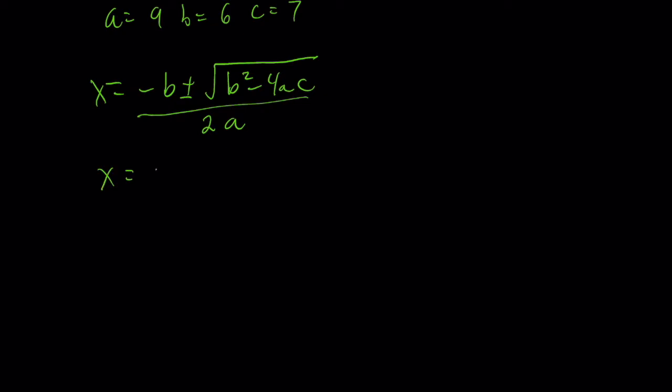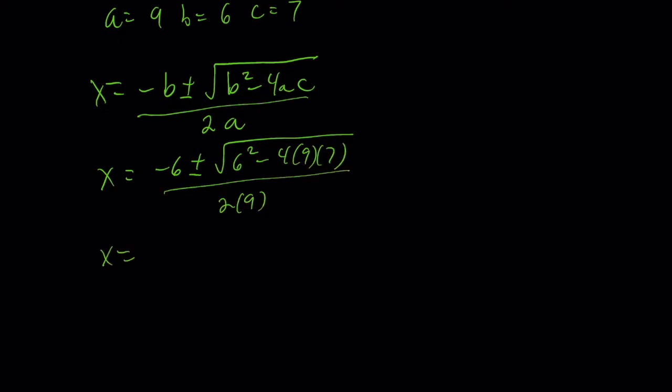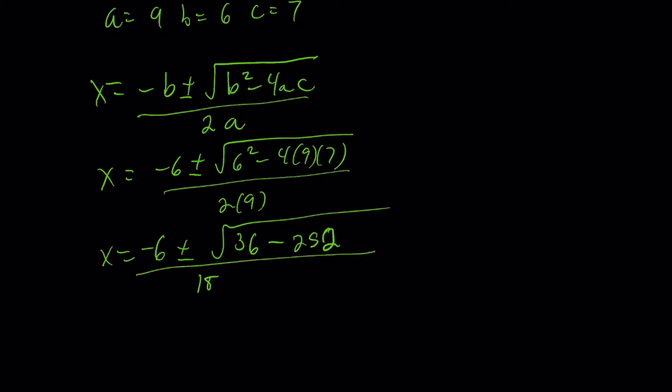So I have X is negative 6 plus or minus the square root of 6 squared minus 4 times 9 times 7 all over 2 times 9. So X is negative 6 plus or minus the square root of 36 minus 252 over 18. So I have X is negative 6 plus or minus the square root of negative 216 all over 18.